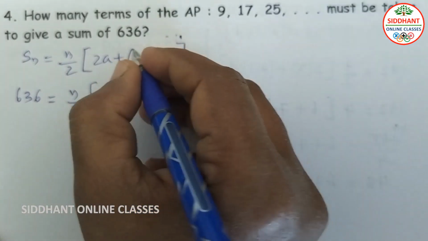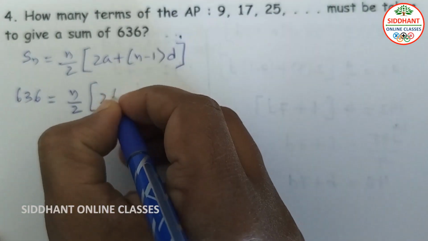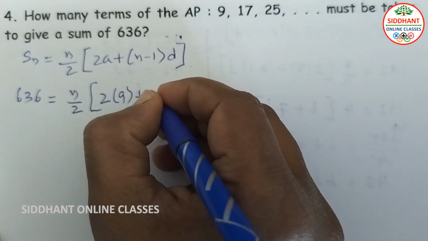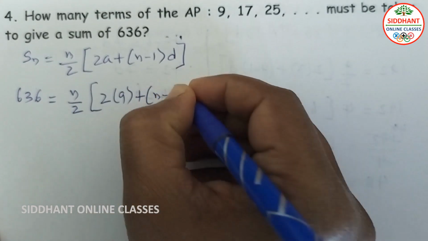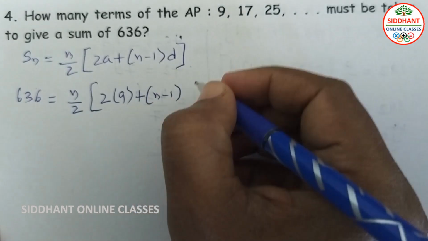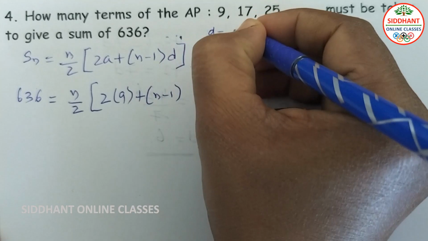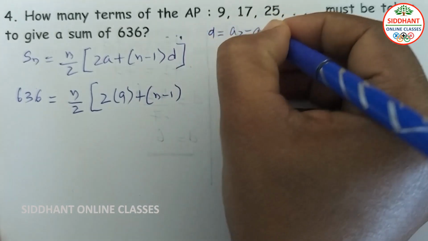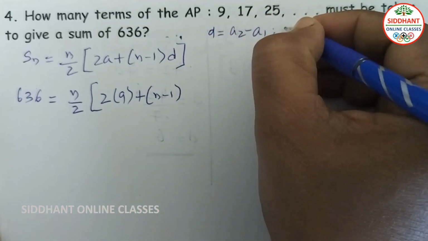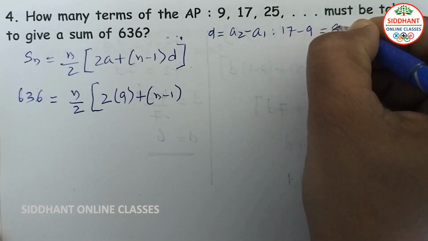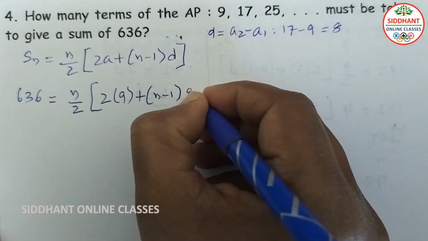2a, where a is the first term, which is 9, and (n − 1), where n we are going to find. d is the common difference, that is a2 − a1. a2 is 17, minus 9, which equals 8.